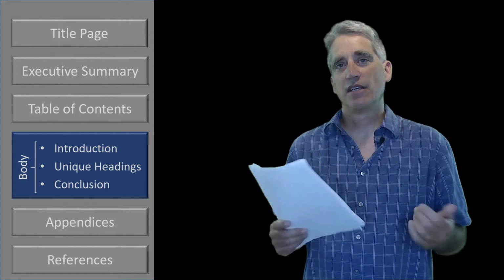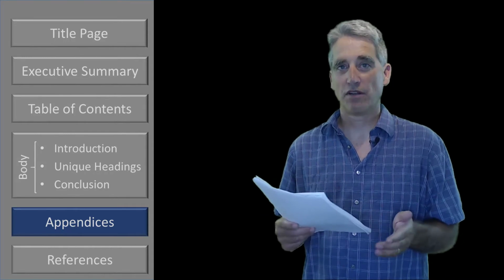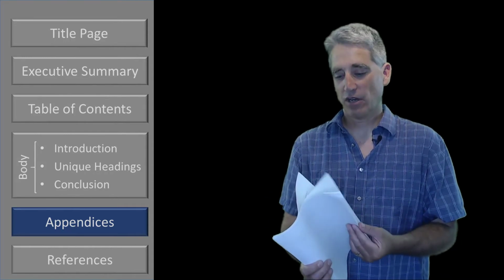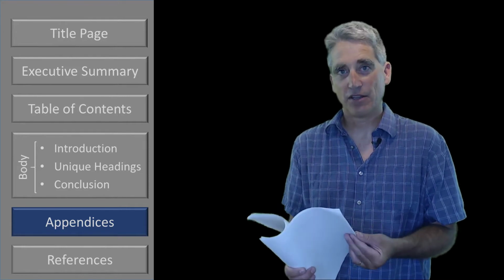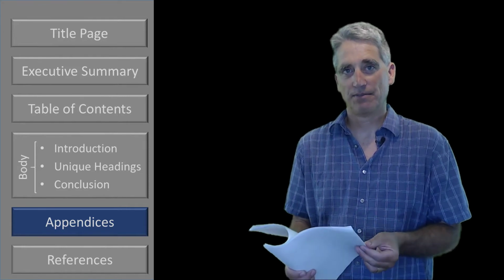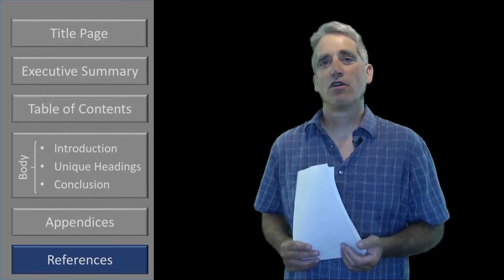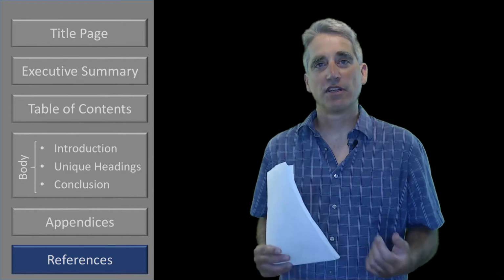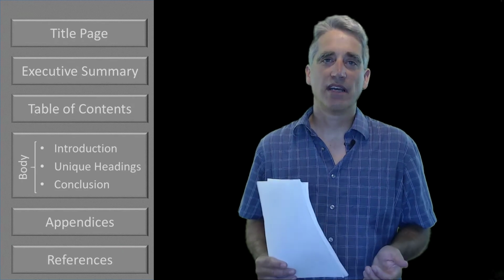The next section is the appendices, and in this report, the appendices is the longest section at 44 pages. I can see all of the operations management tools that were used, and I can also see a lot of the data and the research that went into this project. The final section is the reference page, and this is where you refer to all of the outside sources that you use for this report.